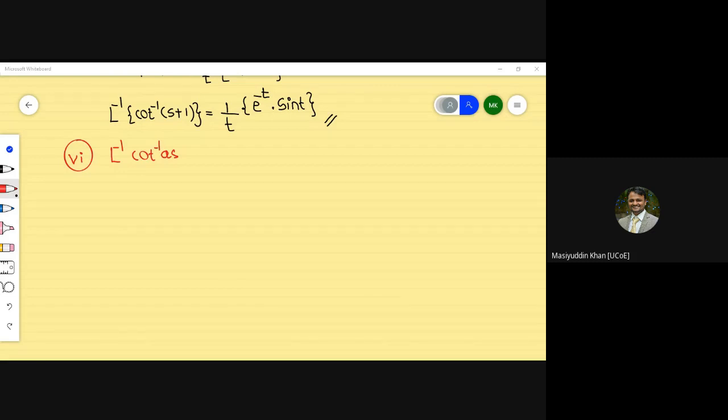You have to solve this problem within 10 minutes: the Laplace inverse of cot inverse of a s. Everyone start quickly.